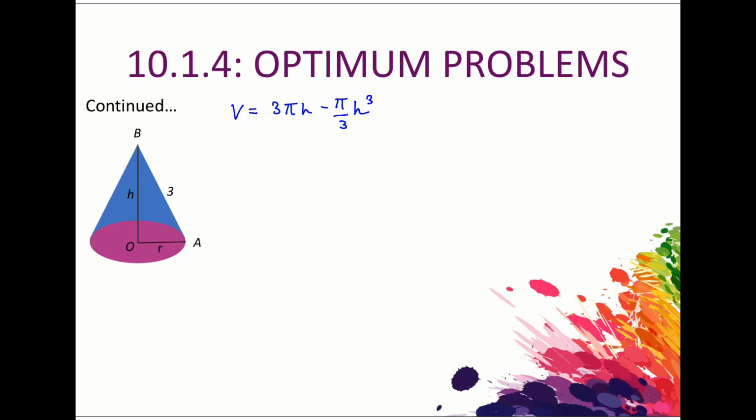Then we are going to need to find the first derivative of V with respect to h so that we can solve it and then find the values of h when the first derivative is equal to 0. So at maximum volume, dV/dh is equal to 0.